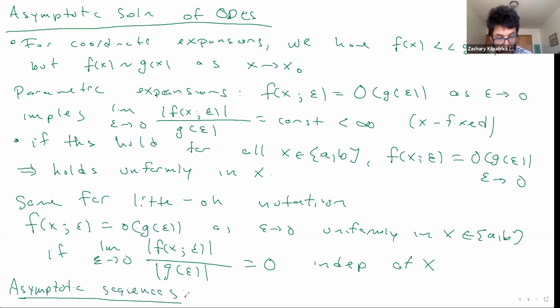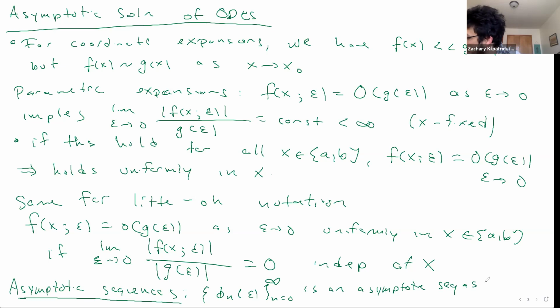asymptotic sequences, okay, have the property that some asymptotic sequence phi n of epsilon, going from n equals 0 up to infinity, is an asymptotic sequence as epsilon goes to 0 if phi n plus 1 of epsilon is much less than phi n of epsilon.